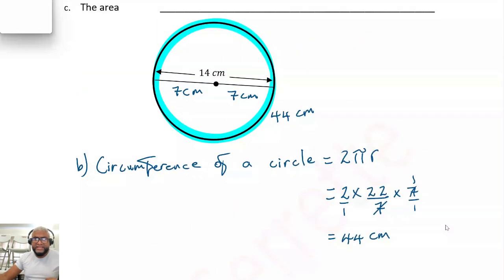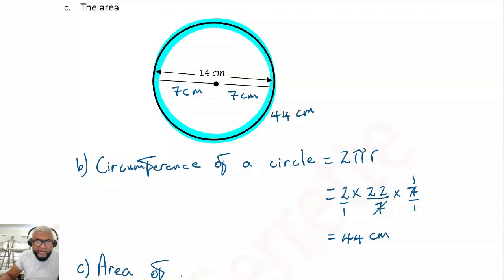We're going to C. Part C is the area of my circle, right? Dennis, what I have above for area of a circle, what is the formula? 22/7. I put area of a circle is equal to 22/7.